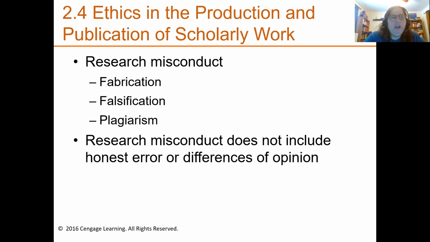And the way to avoid removing participants who maybe don't go along with your theory for all the good reasons in the world is to make your decisions beforehand. So in other words, you might decide, I'm going to remove everyone from my study who does not have complete data. And you decide that before you run your study.